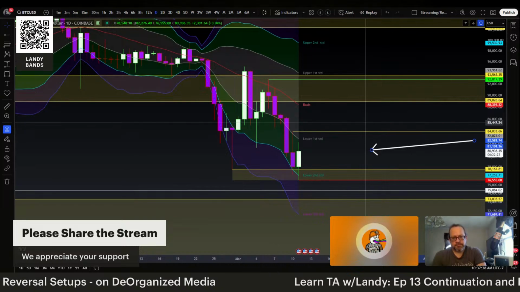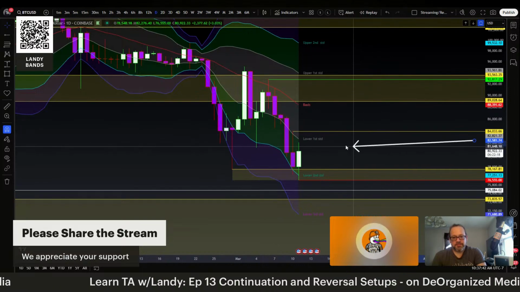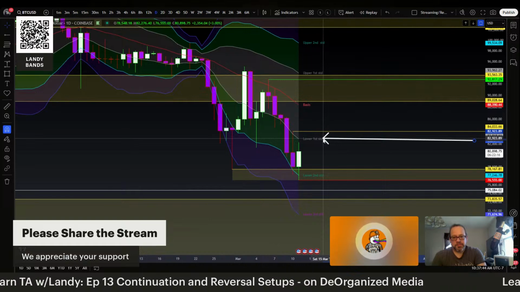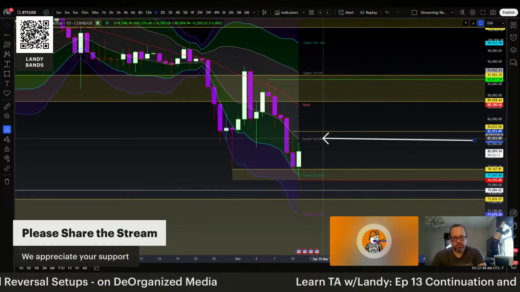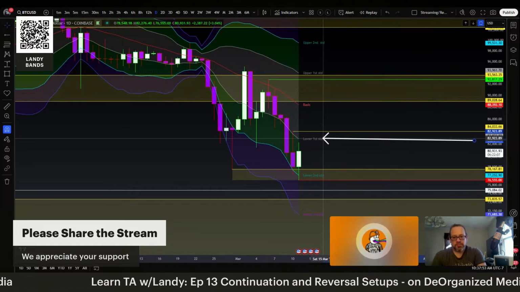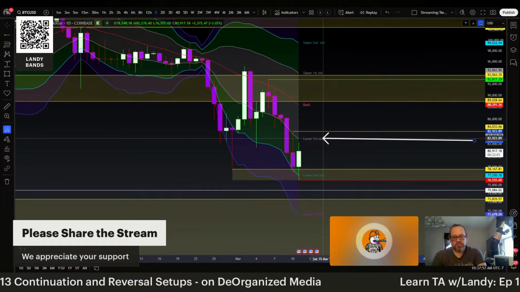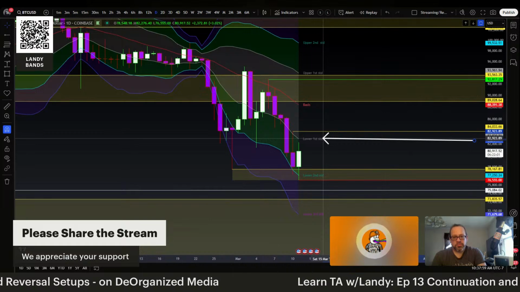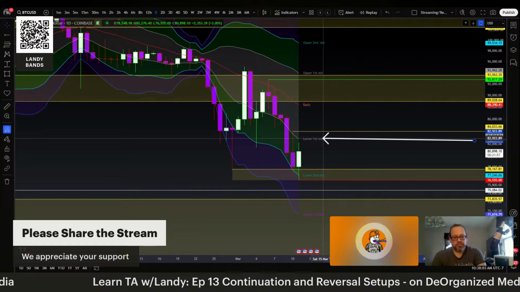And in this case, there's a lot of work that Bitcoin has to do to even set a low. It's got to get above the volatility level of the lower first standard deviation, which tends to be an area that, for those that use moving averages, tends to line up with either the 5 EMA or the 9 EMA.